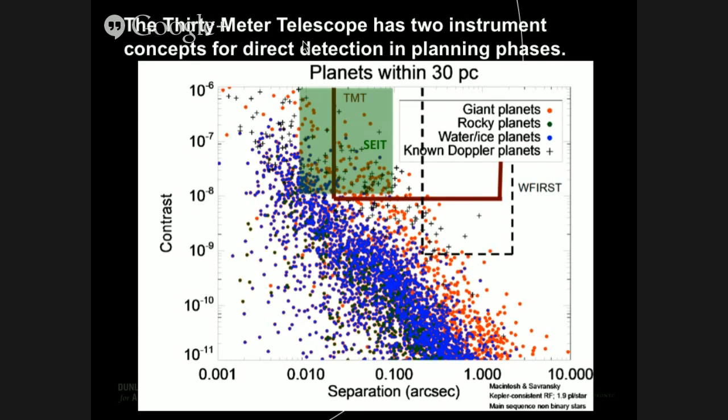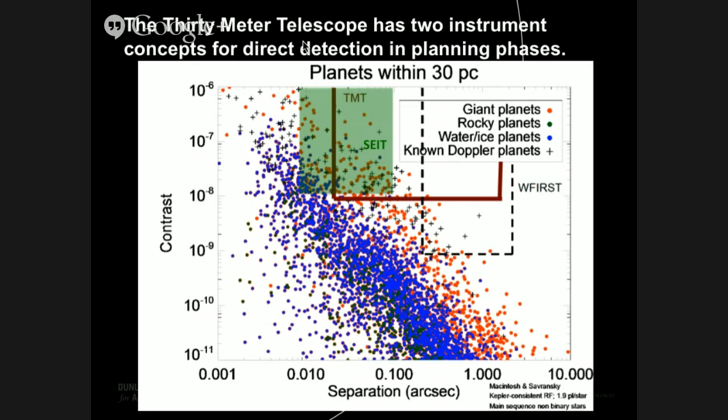So this one right here, this red line, represents an instrument called the Planet Formation Imager that's being proposed for the TMT. So hopefully it's going to be able to reach some of these super Earth planets that we know are very abundant because of Kepler. And then the other one that's being planned, and this is led by a Japanese team, is the Second Earth Imager for TMT.